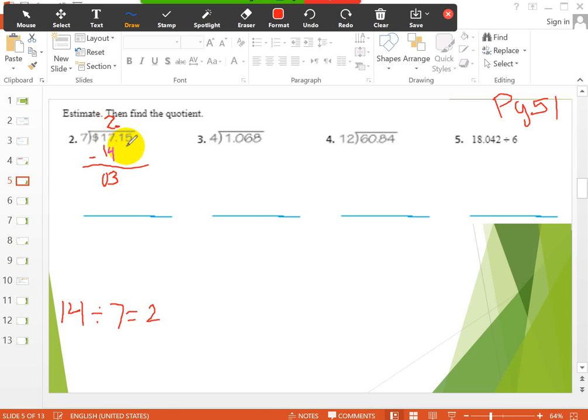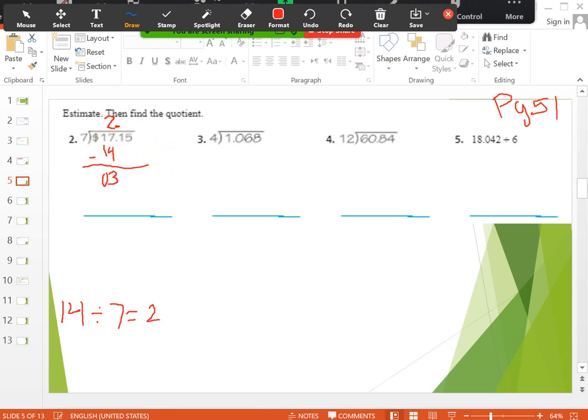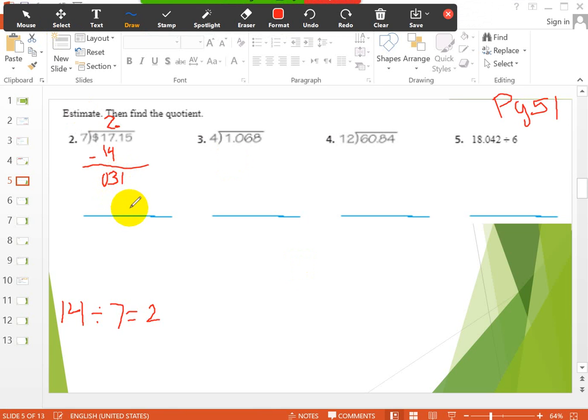And then I will continue. I have to take the 1 and put it next to the 3. So it will be 31, right?